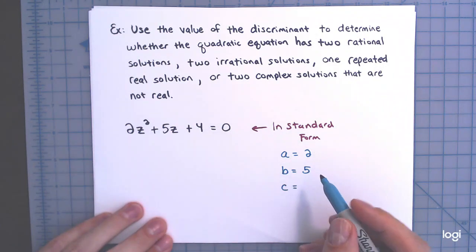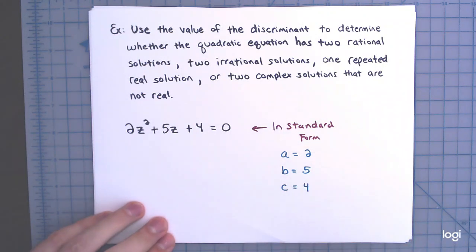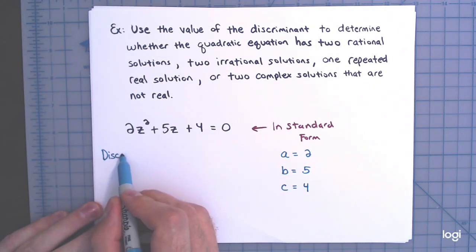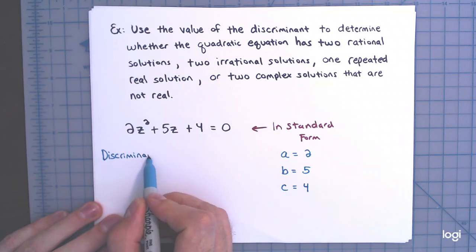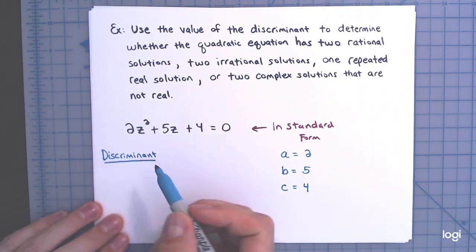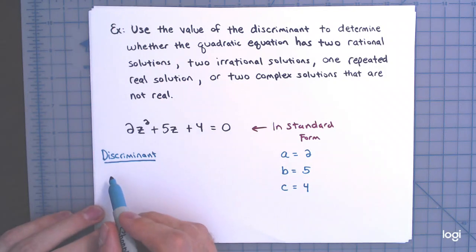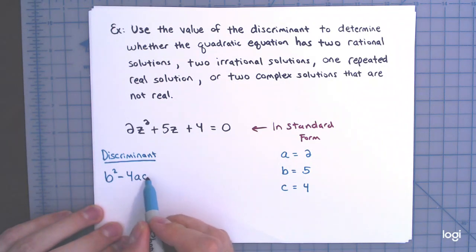That's this positive 4. All right. Now for the discriminant. Remember, the discriminant is just that expression underneath the square root symbol, the radicand, of the quadratic formula. And that was b squared minus 4ac.